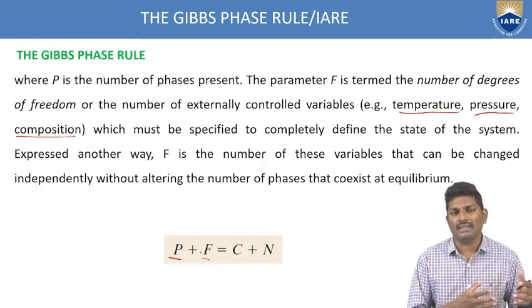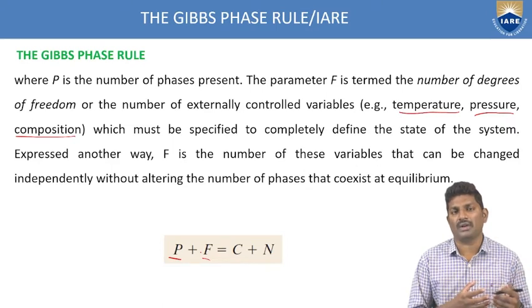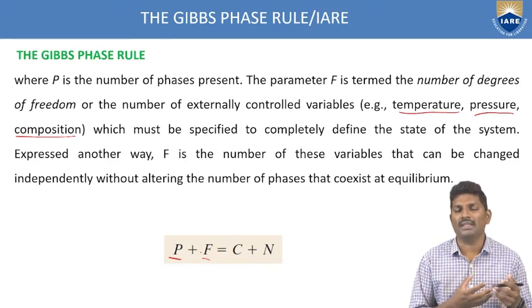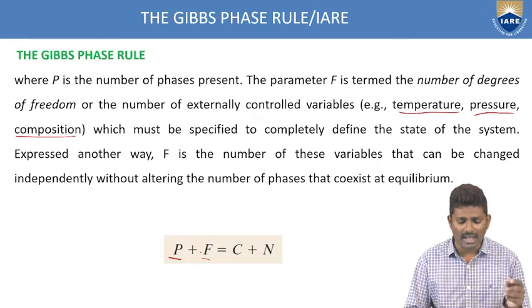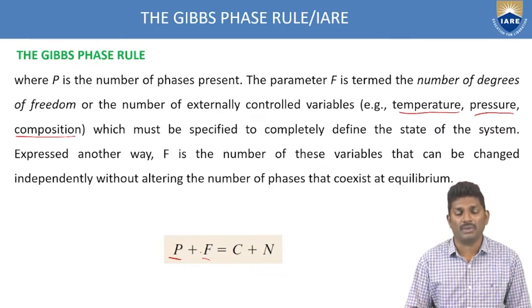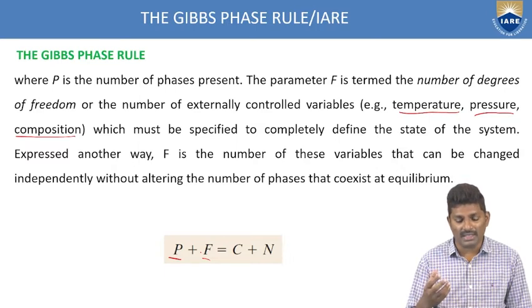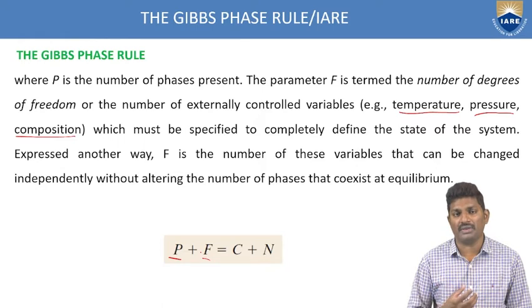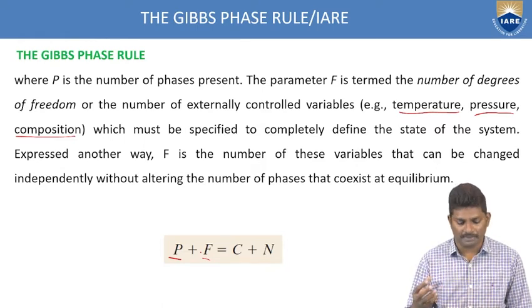So these are the three different externally controlled variables in any given phase diagram, and they must be specified to completely define the state of the system. Once you know the externally controlled variables, it is very easy for us to express how the temperature, the pressure, or the composition is varying in the specified phase diagram.